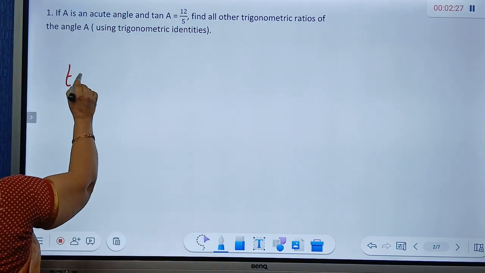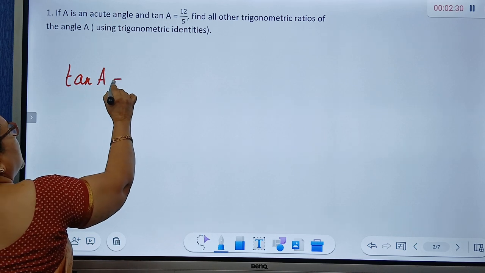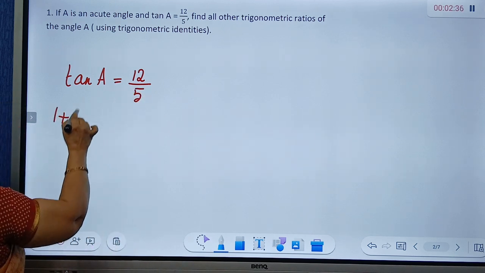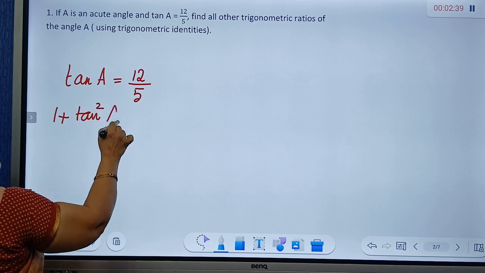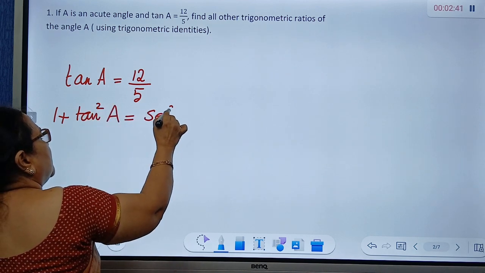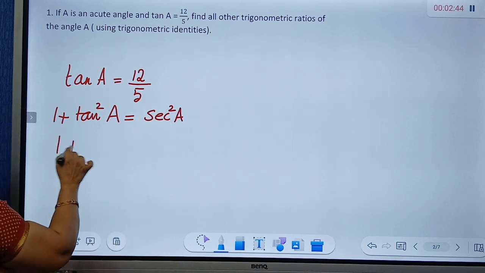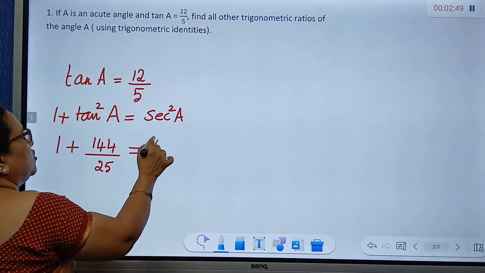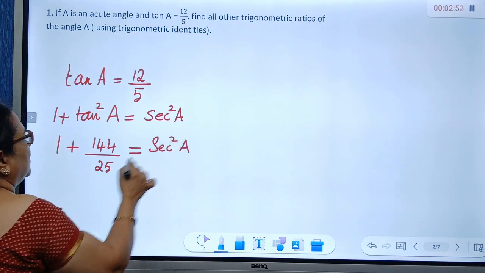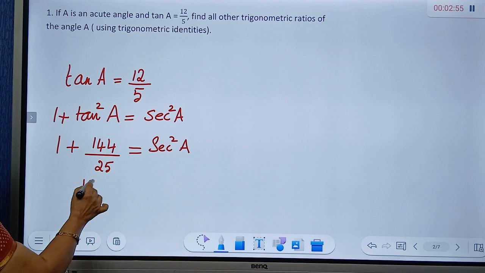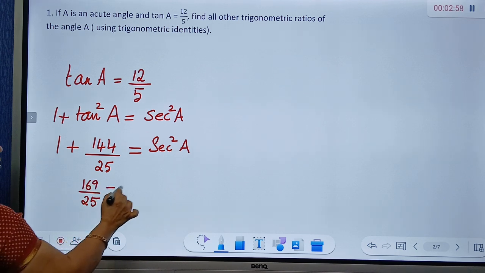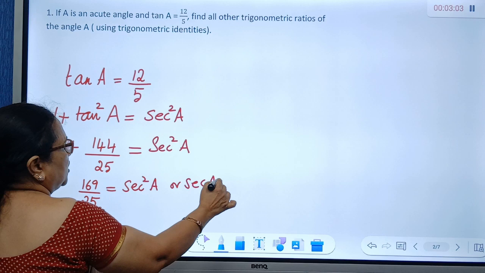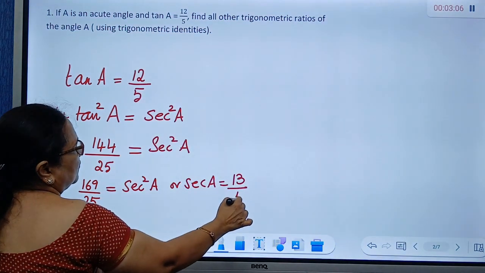So, tan A is 12 by 5. So, we know that 1 plus tan square A is secant square A. So, 1 plus 144 by 25 equal to secant square A. That is 169 by 25 equal to secant square A, or secant A is equal to 13 by 5.